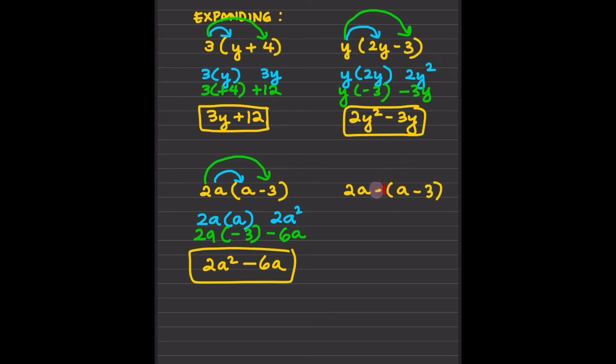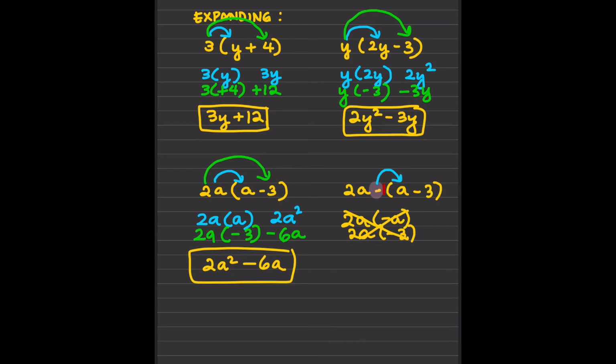This is not okay, because some of you might do this: 2a times negative a, and then 2a times negative 3. That's not correct. What you need to do is distribute the negative 1 first to the terms inside the bracket.